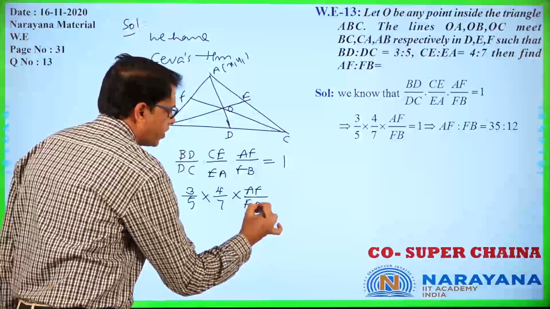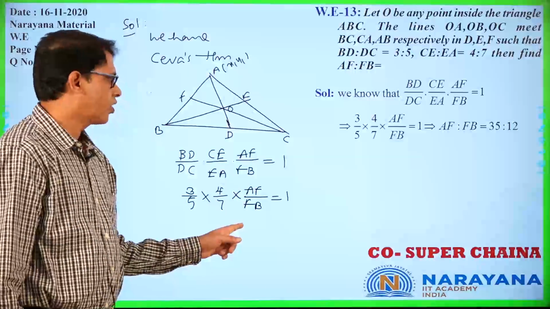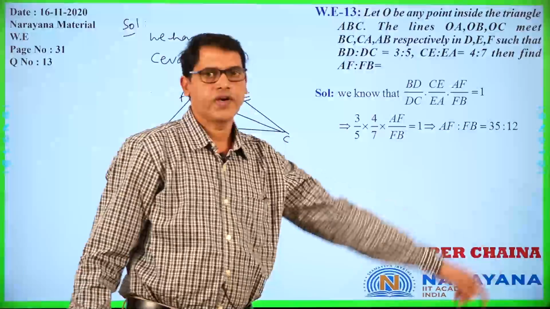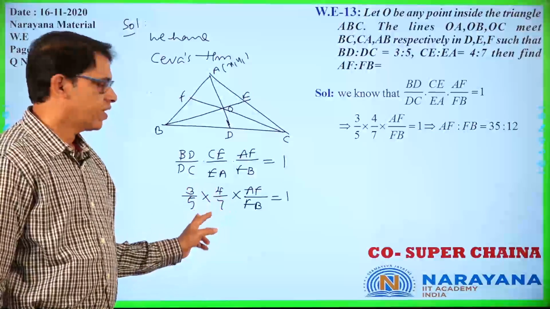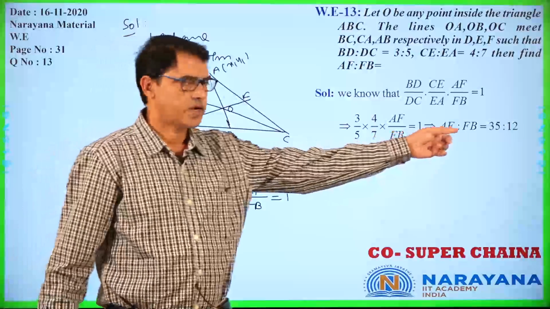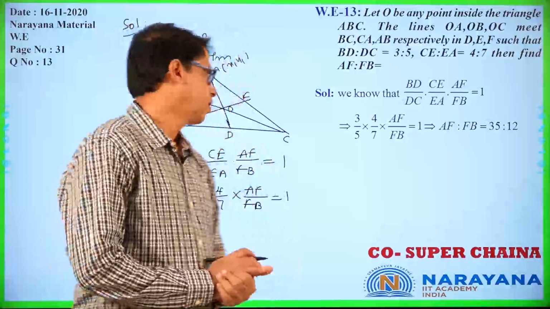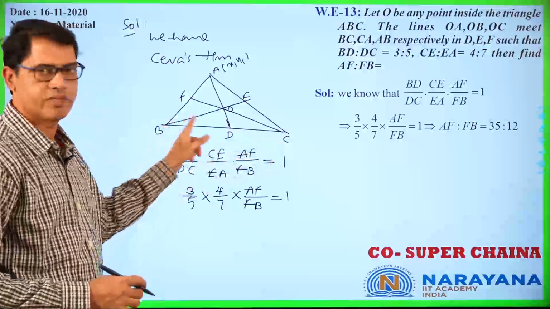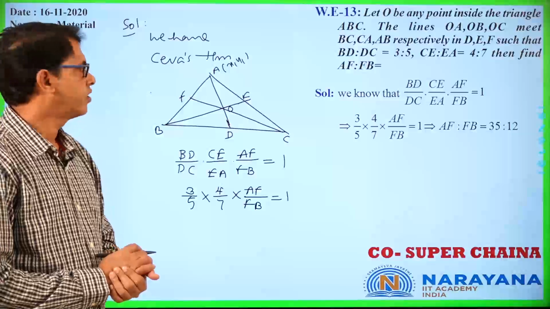AF upon FB times these equals 1. That implies AF upon FB equals 35 by 12, taking the other side, 12 by 35 inverted. So this is from Ceva's theorem. Remember this statement so that you can do the problem easily. Then next one.